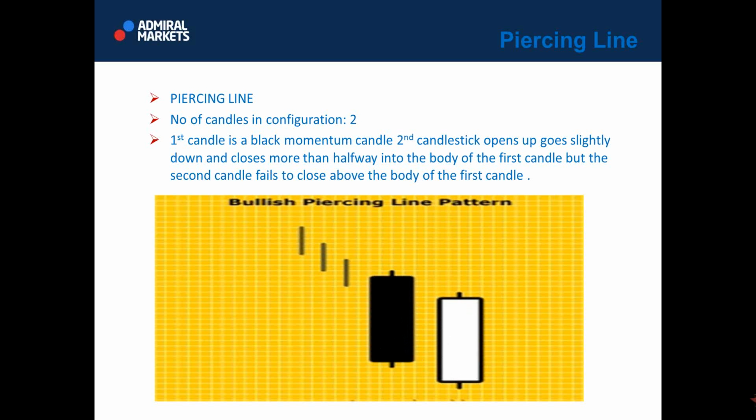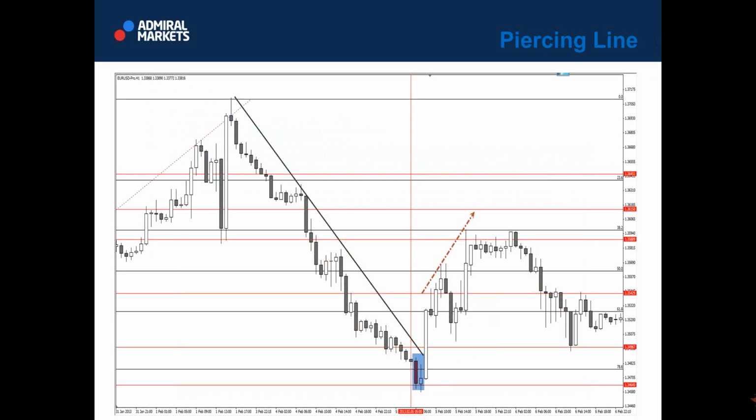So basically, that is an important price pattern. It's called piercing line. We want to see it as close to support as it can be. In this example, you can see how the price went to the upside after the piercing line. So this was a piercing line, close to support, and price went above it.